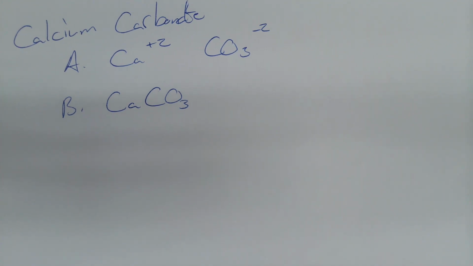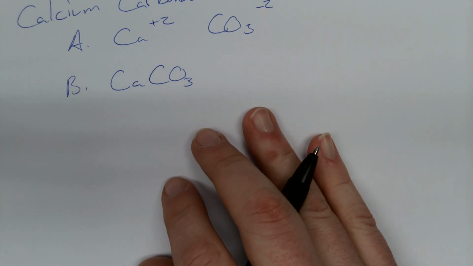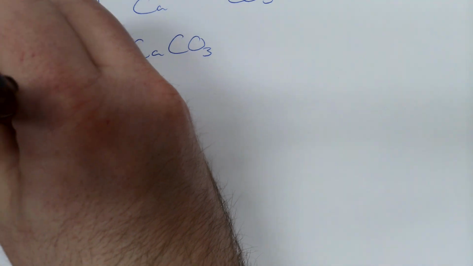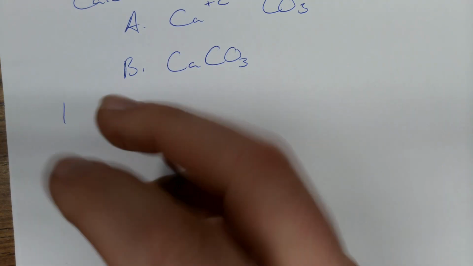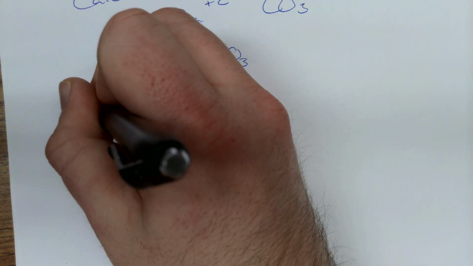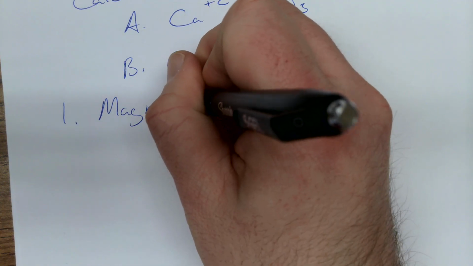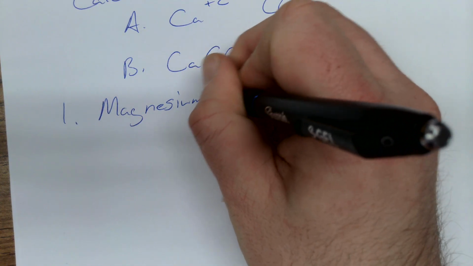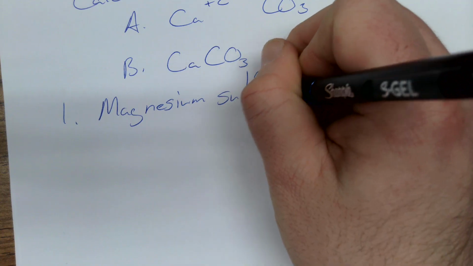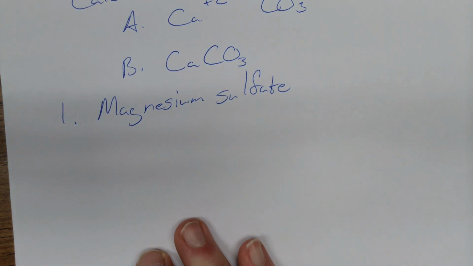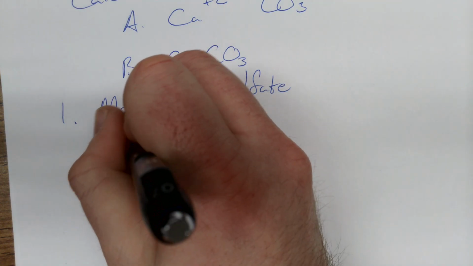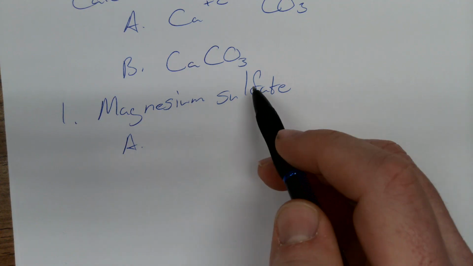Let's try 2 of them together. Let's look at number 1 together. Number 1 I see is magnesium sulfate. What's the cation in magnesium sulfate?